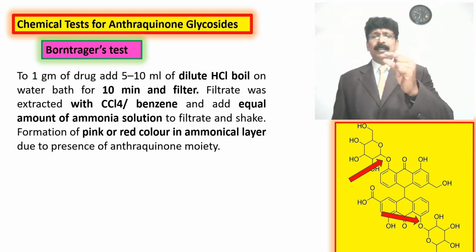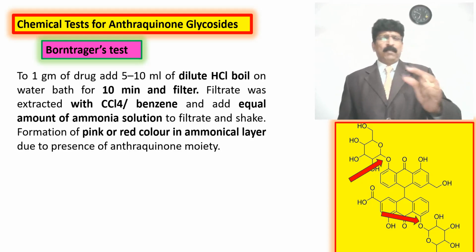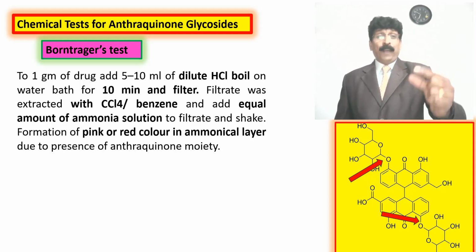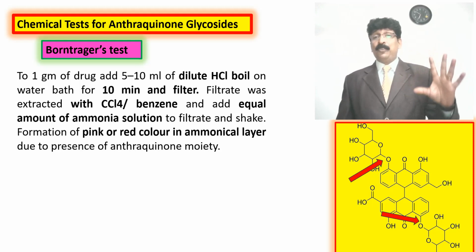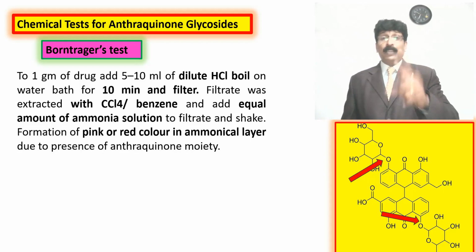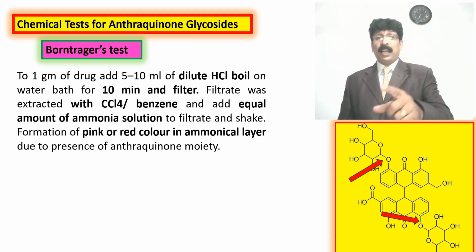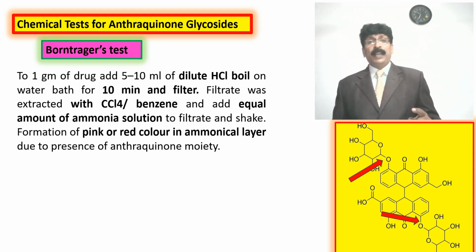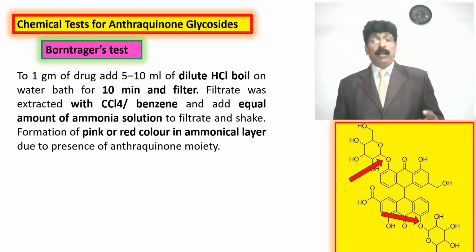Simple explanation to remember, because there is another test which is called the modified Borntrager's test. So that will make you understand. This is the test for the anthraquinone glycosides which have O linkage. Take 1 gram of drug with 5 to 10 ml of dilute hydrochloric acid, boil on a water bath for 10 minutes and filter.